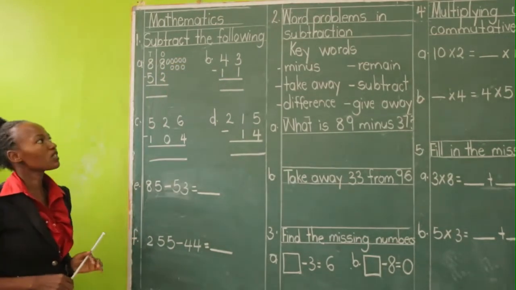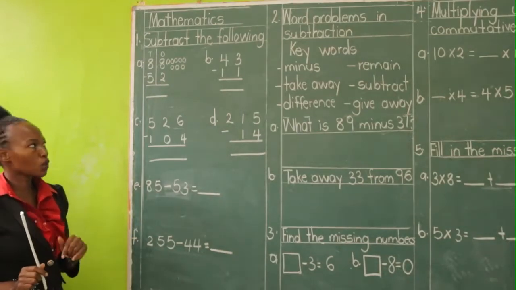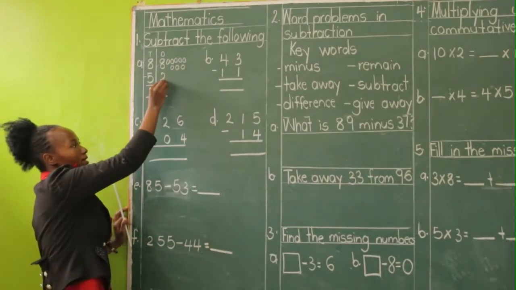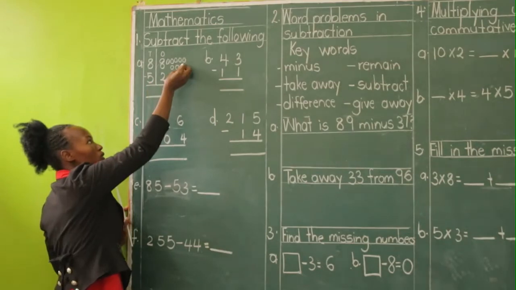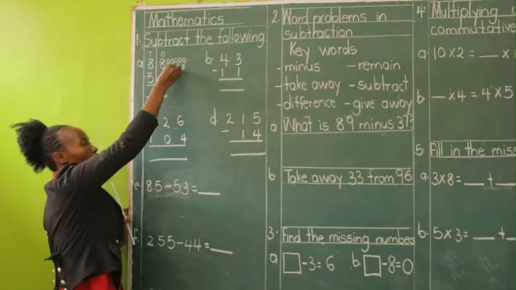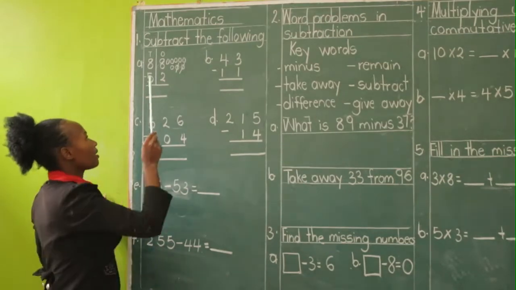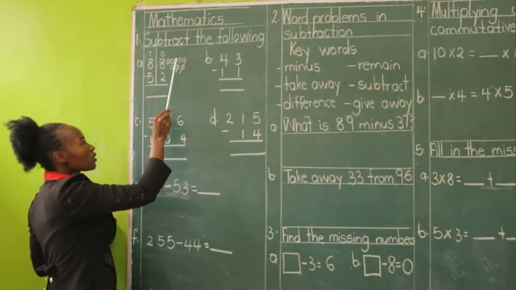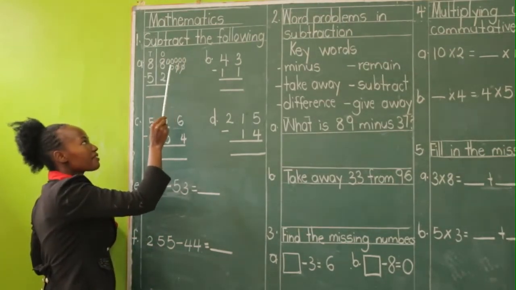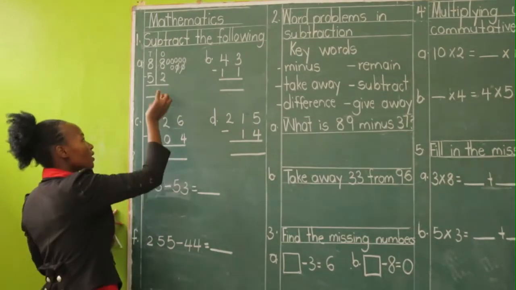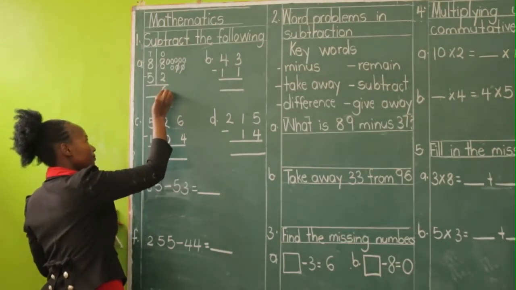After drawing the 8, we are going to cross out 2, this number 2. After I count the remaining balls, 1, 2, 3, 4, 5, 6, our answer here is going to be 6.